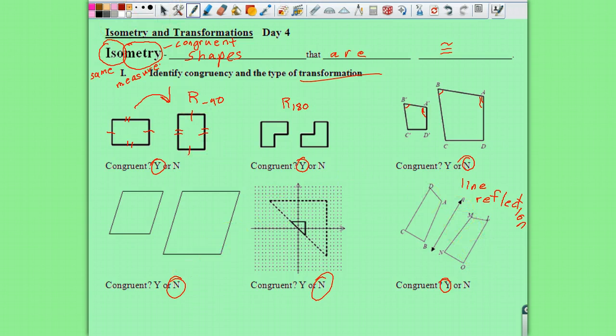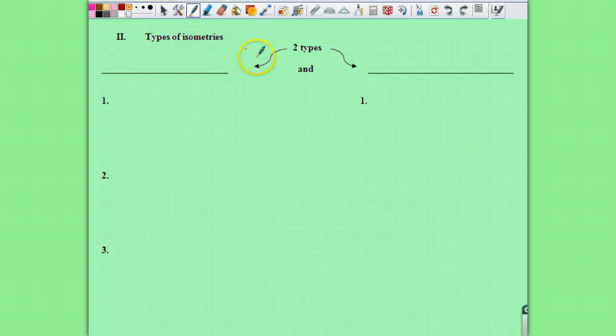Okay, let's move on to types of isometries. There are really two types of isometries. Remember, all that's on this page, all the shapes are going to be congruent. There's a direct isometry, or same.